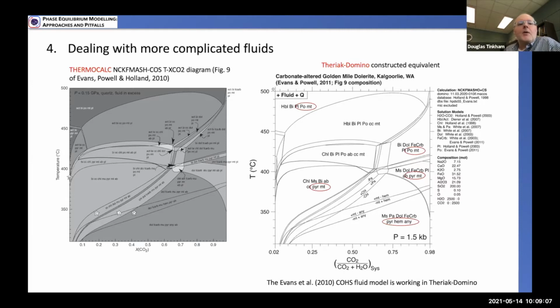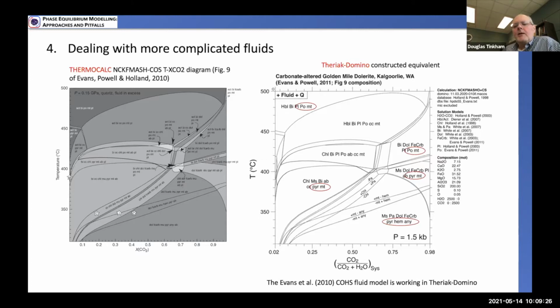The example on the left is the one calculated in THERMOCALC from Katie Evans' 2010 paper, and the one on the right is one I calculated in Theriak-Domino relatively recently for the same bulk system composition. I've circled some of the interesting relationships that Katie points out in her paper.